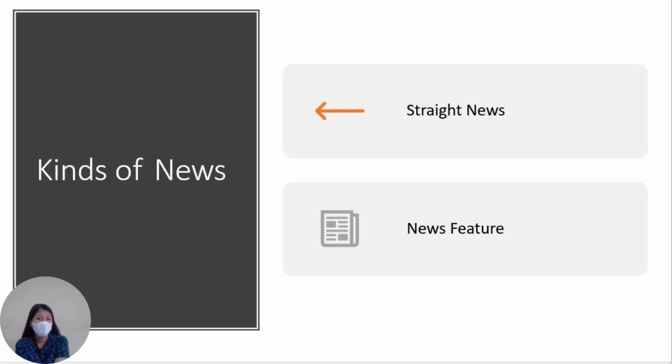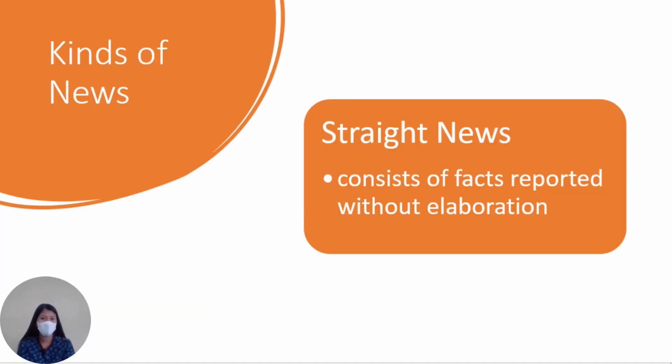There are two kinds of news articles that we will be talking about. First is the straight news, and the second one is the news feature. Straight news is a type of news that consists of facts reported without elaboration.